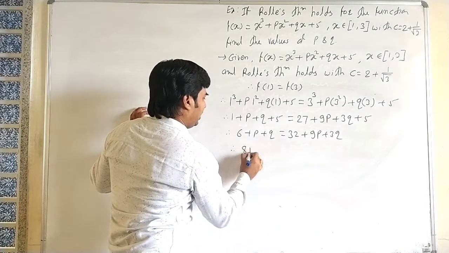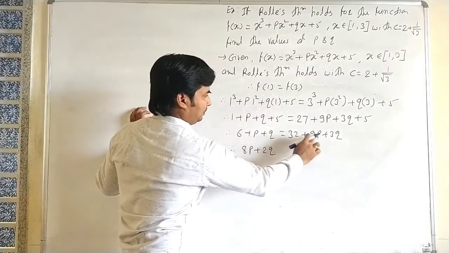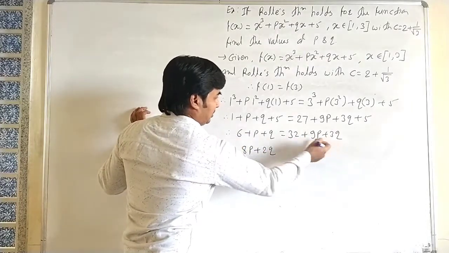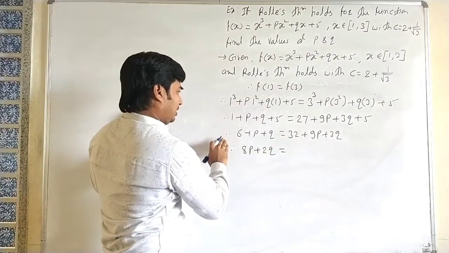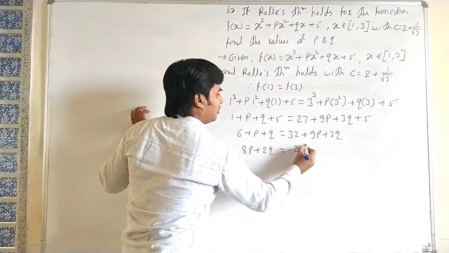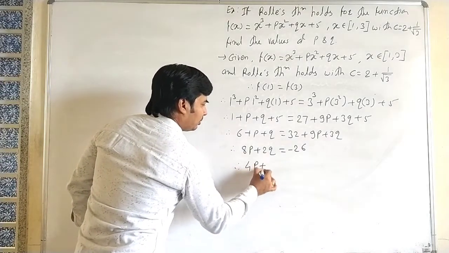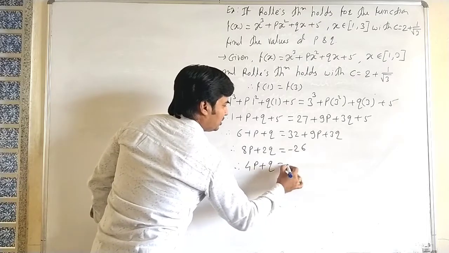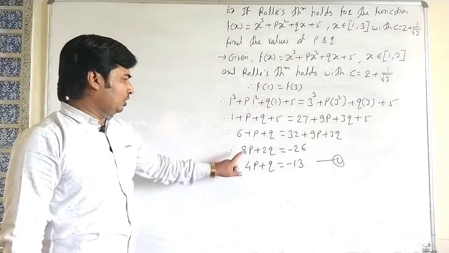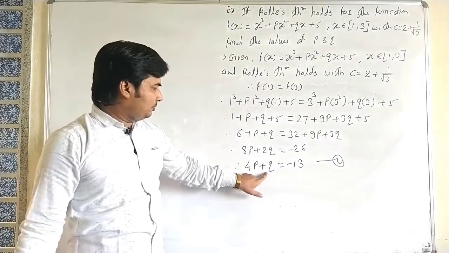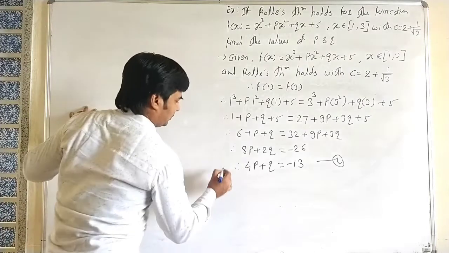Therefore 8p plus 2q is equal to 26, and therefore you can write it is 4p plus q is equal to minus 13. It is one relation, it is equation number 1. 4p plus q is equal to minus 13.